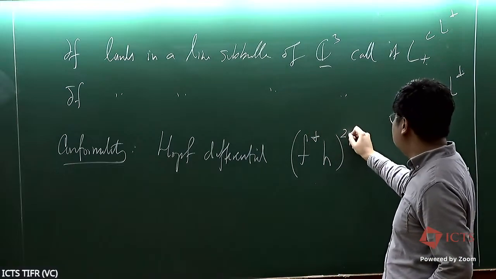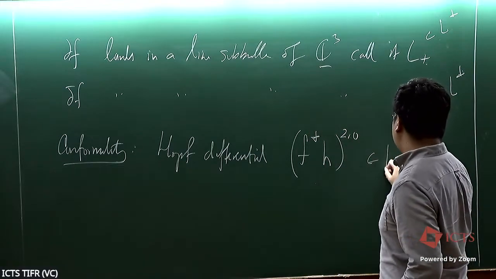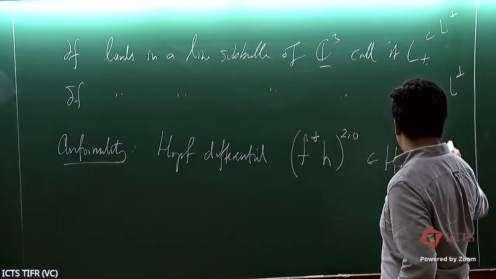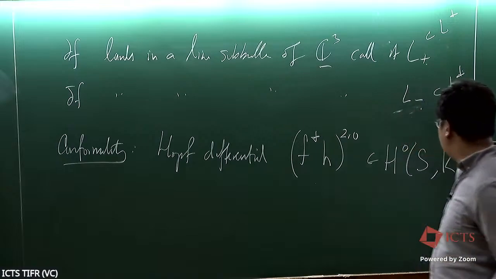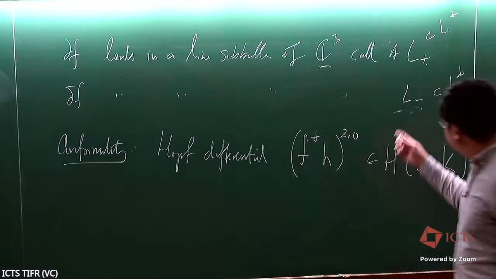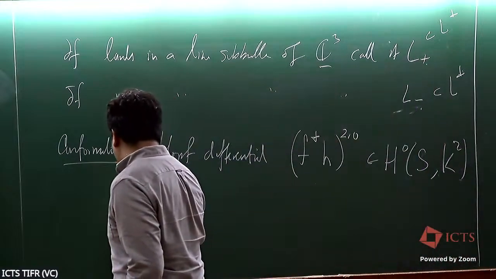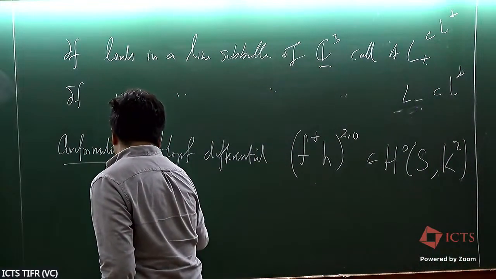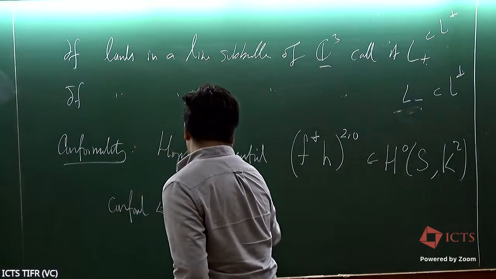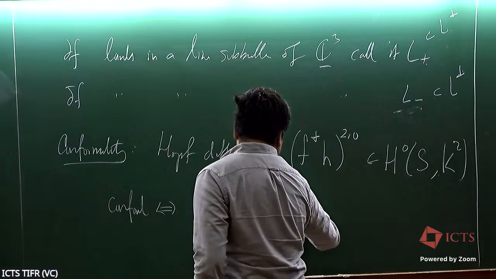I could take the 2-0 part. And this will be a holomorphic quadratic differential. So my Riemann surface, unfortunately, was S, and then now I have the canonical bundle squared. Okay, so this is a holomorphic object. But what this means in terms of L plus and L minus is that the conformal condition means that L plus and L minus are orthogonal.